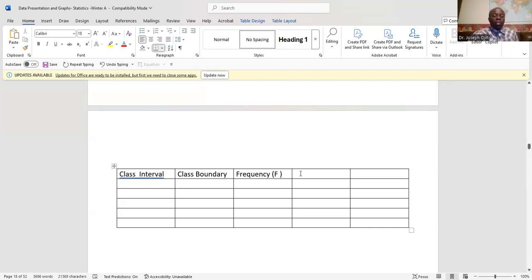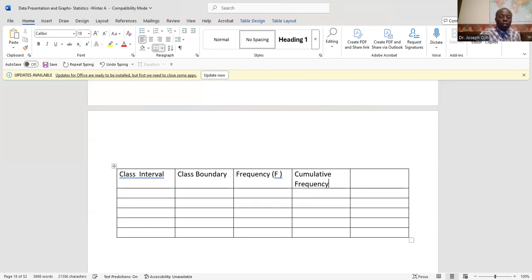Then cumulative frequency is CF; I'll call it CF from now on. They also want relative frequency, so I'll be using RF for it from now on.